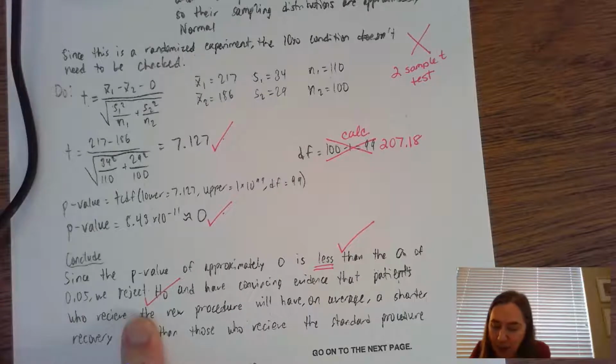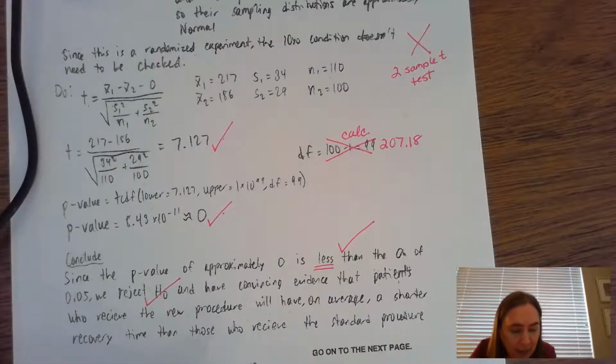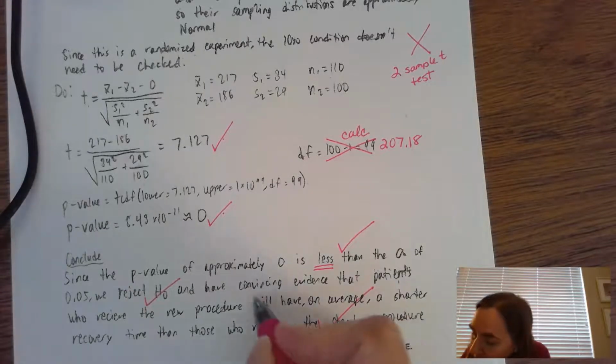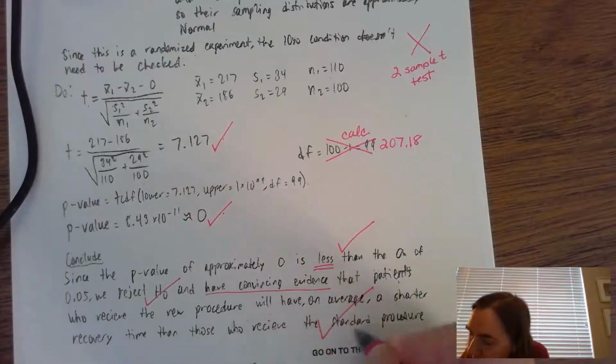The last check is, I have evidence of, and then in the words of the question, you write down exactly what the question is. I have evidence that the new procedure will have less recovery time from the surgery on average than those who receive the standard procedure. They have that check.